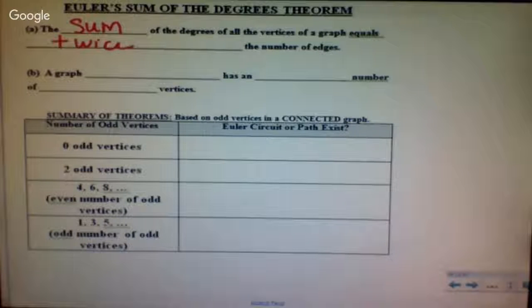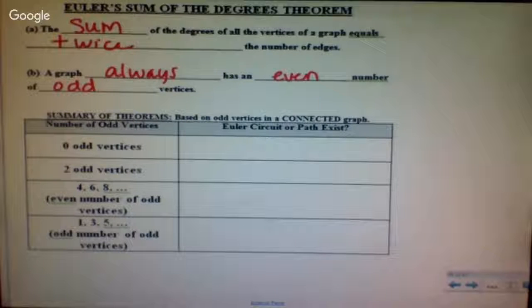It also says a graph always has to have an even number of odd vertices. So you'll never have a graph with 1 odd vertex, or 3 odd vertices, or 5 odd vertices. There's always an even number. You cannot draw a graph that has an odd number of odd vertices.